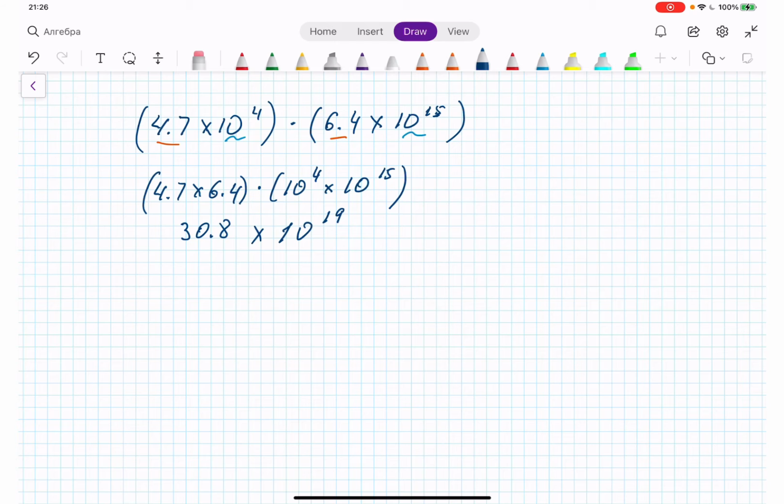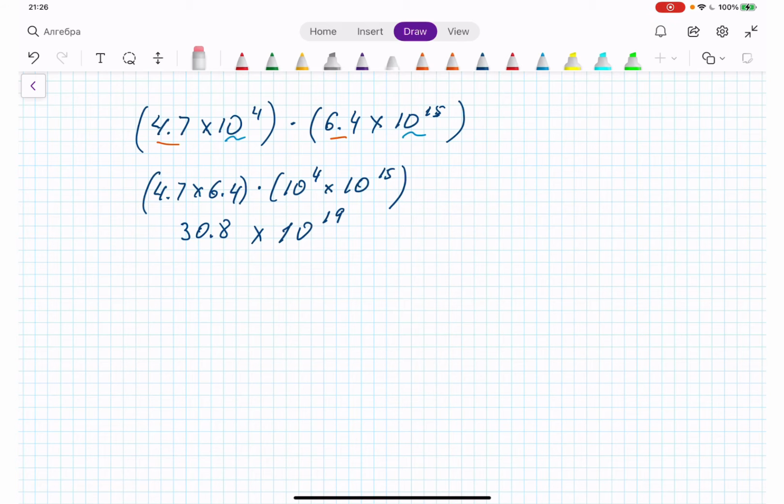This specific case is in the style of scientific notation, but it is not scientific notation, because for scientific notation the first number, this first number A, has to be no more than 10.